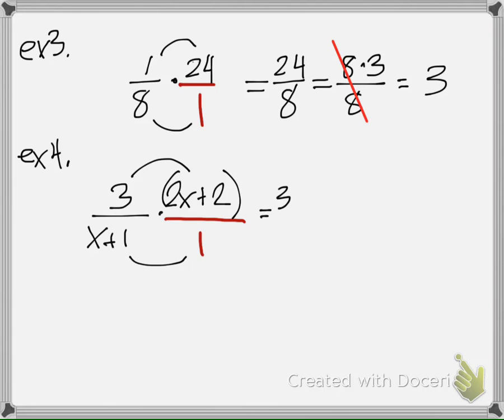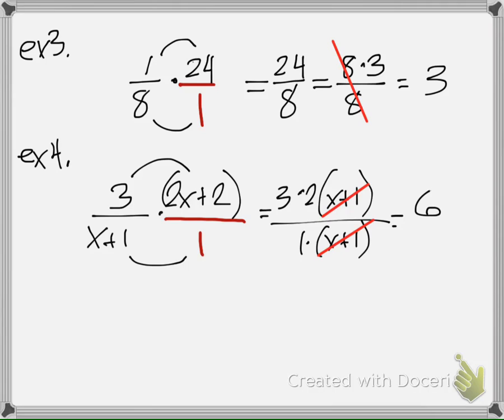That gives me 3 times 2, x plus 1. And over here I have 1 x plus 1 times 1. Cancel out my x plus 1 on my numerator and my denominator. It looks like this. 3 times 2 is 6. 1 times 1 is 1, so my answer here is just 6. My x's cancel out.